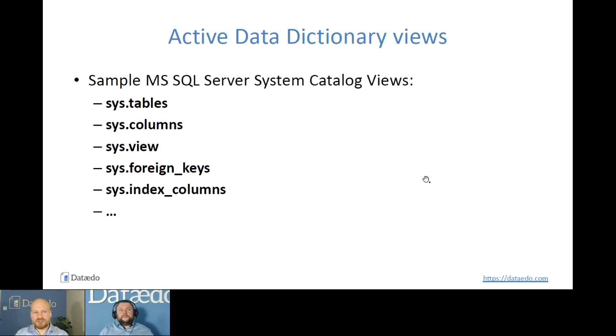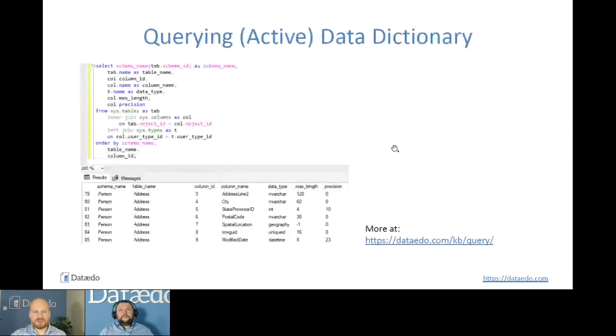The data dictionary is basically a set of predefined tables and views that are present in all databases by default. This is an example from SQL Server. You have a list of views that hold a list of tables, columns, views, and so on. There are like 50 of these kinds of tables or views. You can query it, something I mentioned before. You can write a query to see what tables and columns we have.